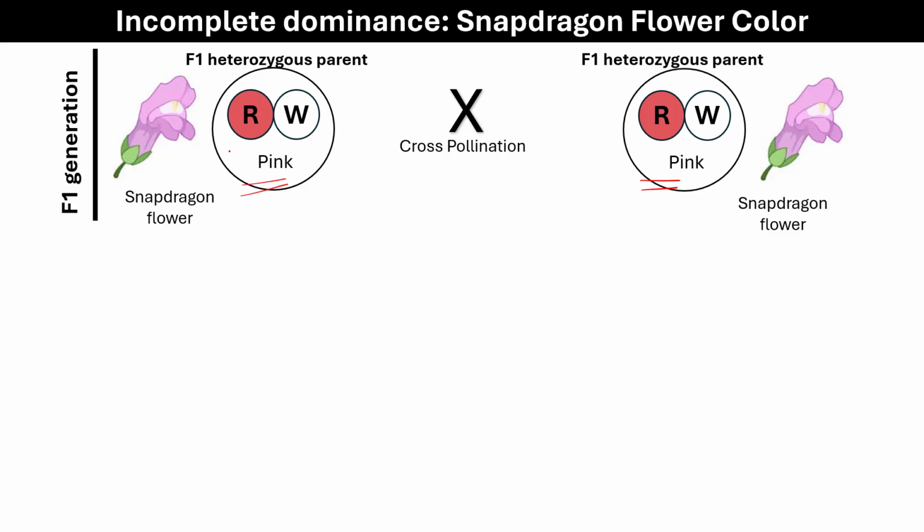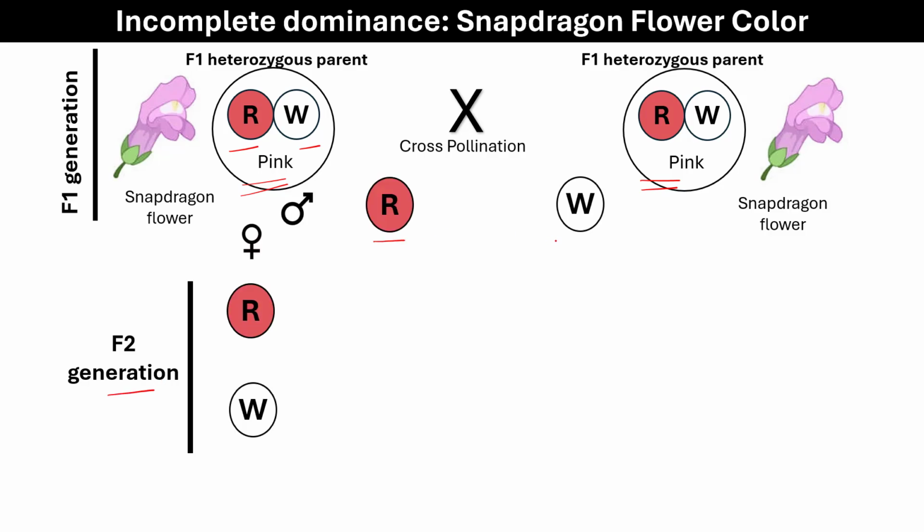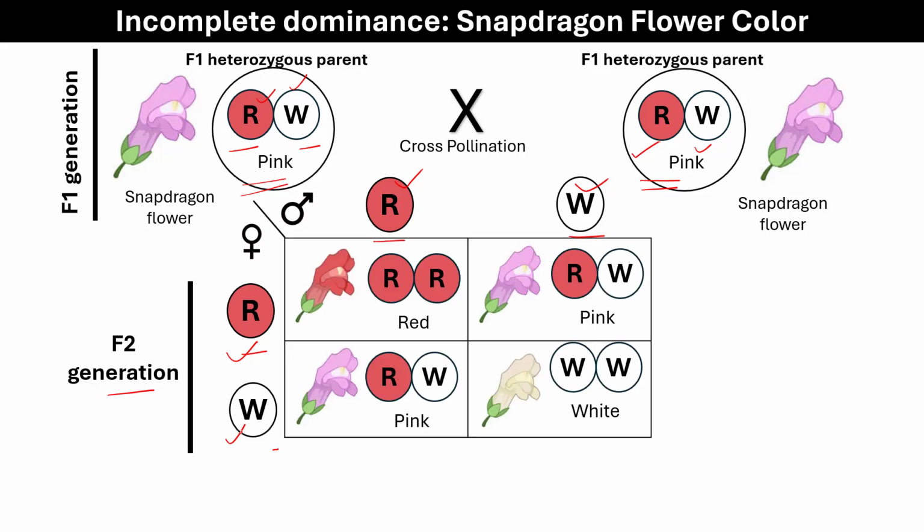Now if we take these pink flowers, we know that the pink flowers will be a result of a genotype which is one R and one W, and if you cross them in the F2 generation, you have two kinds of gametes from each parent, because this has both R and W here, and this has both R and W, which is here. And if you make a cross, you would have red and red coming again, so two R's give you red, and you have W and W here, so two W's give you white.